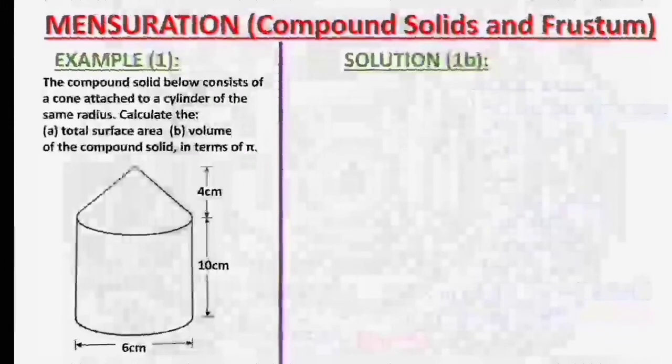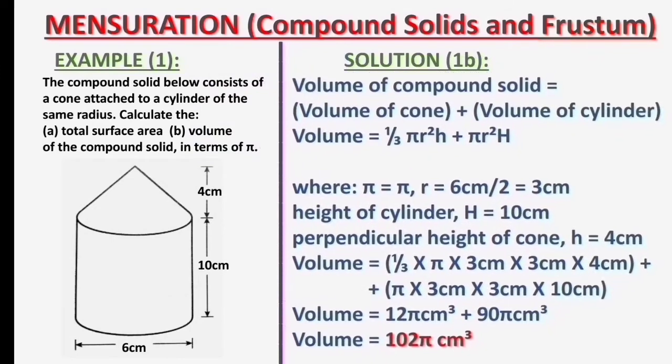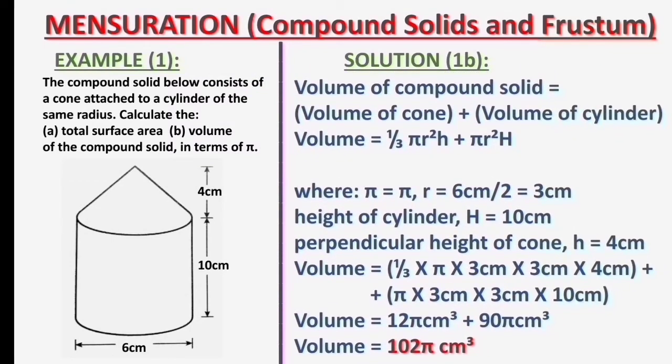For question 1b, solving for the volume of the compound solid. Once again, the compound solid is made up of two component solids, which are a cone and a cylinder. The volume of the cone is 1/3 pi radius squared height, while the volume of the cylinder is pi radius squared height. Small letter h for the height of the cone and big letter H for the height of the cylinder.